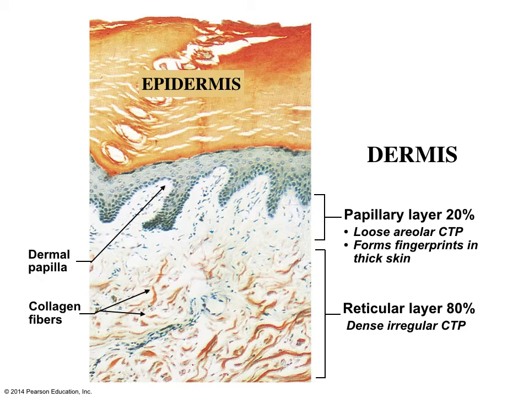Deep to the papillary layer, you will have the reticular layer. Here, the terminology gets confusing. The reticular layer is not composed of reticular CTP, but of dense irregular CTP, where the collagen bundles are arranged in an irregular fashion.